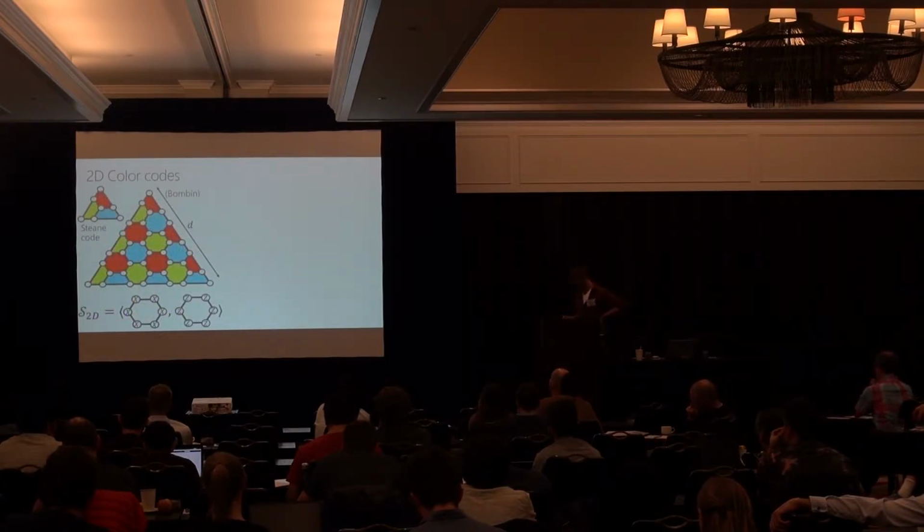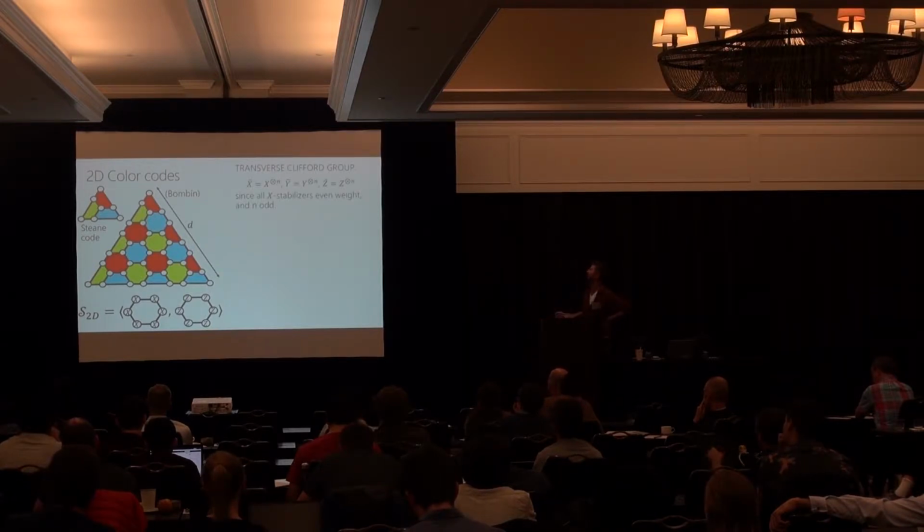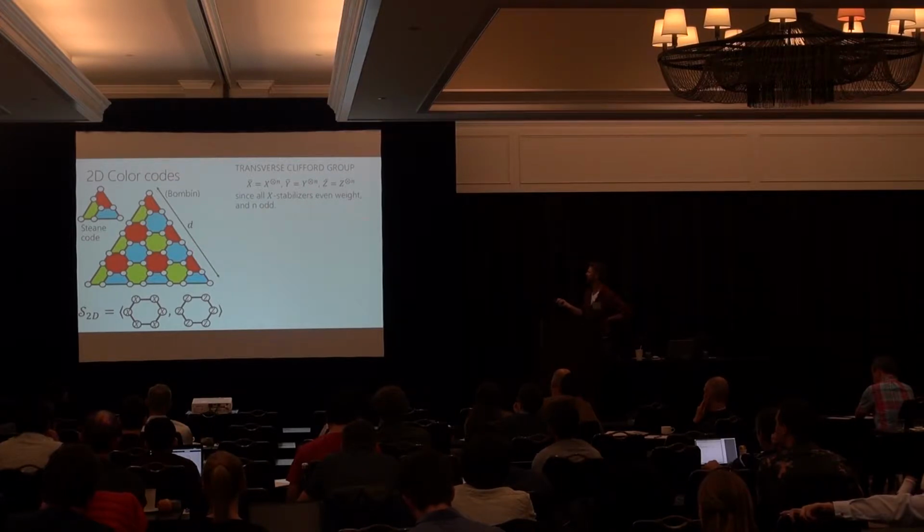Okay, let's zoom in a little bit more on the 2D color codes. One reason to think about these codes is that they saturate this bound: you can get all of the Clifford group transversally. Why can you get the Pauli operators?